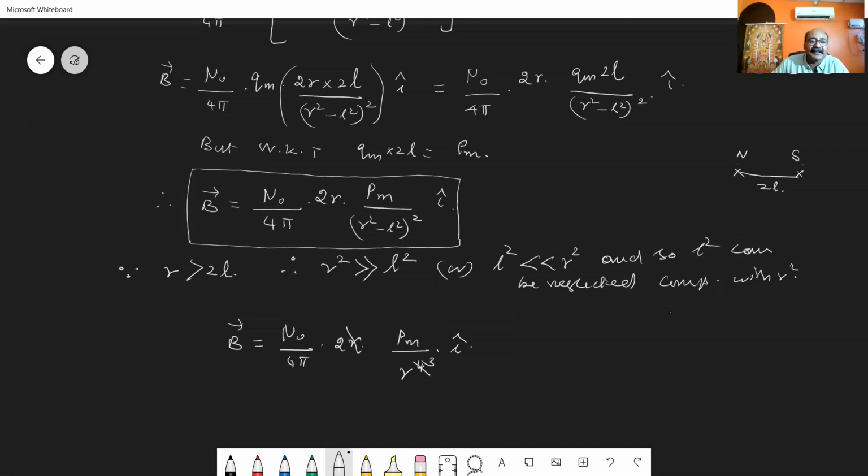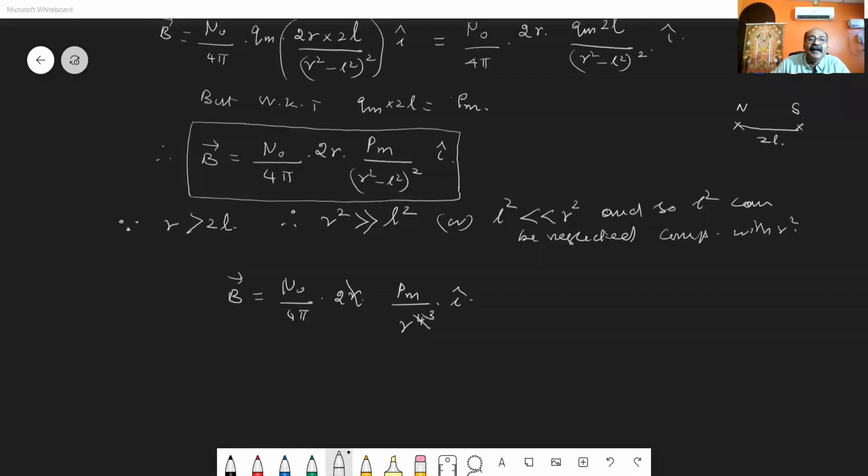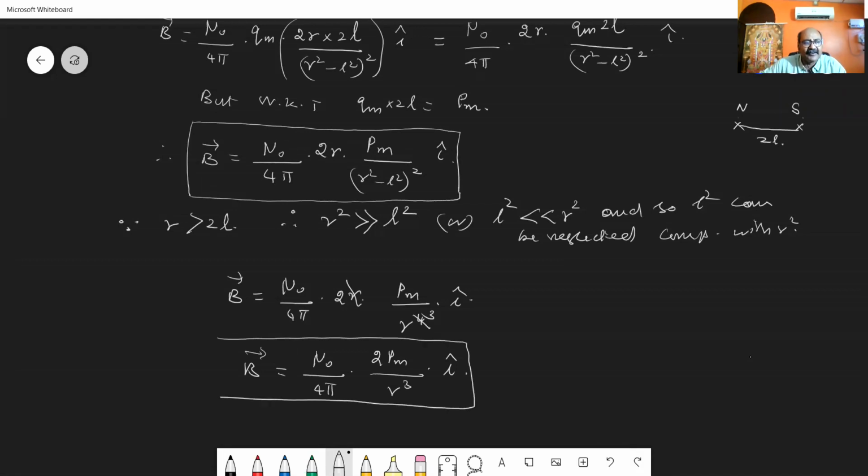So what will be your formula then? B vector is equal to mu 0 divided by 4 pi into 2 PM divided by R cube into I cap. This is the formula for the magnetic field at a point along the axial line of a bar magnet.